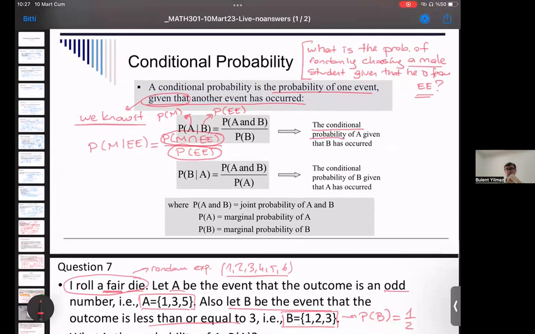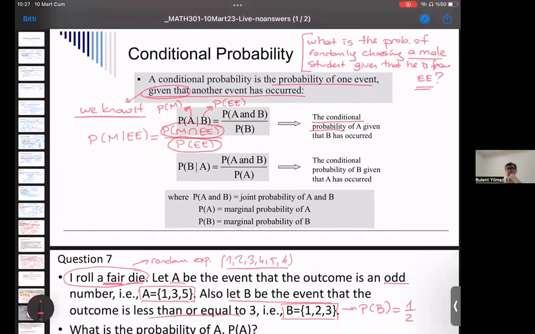Okay, what's the probability of randomly choosing a male student given that he is from EE? I want you to think in those terms. The probability that you obtain an odd number, given that the probability of obtaining an even number is B.